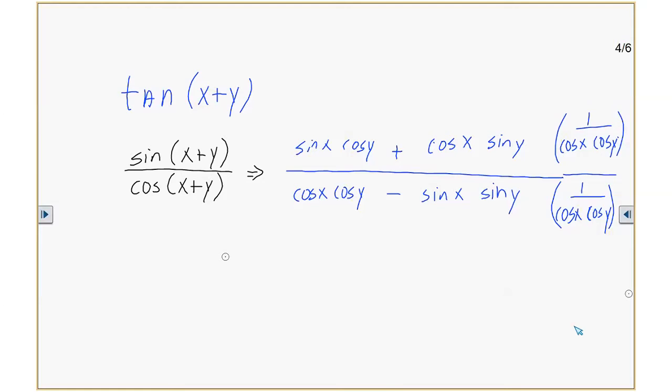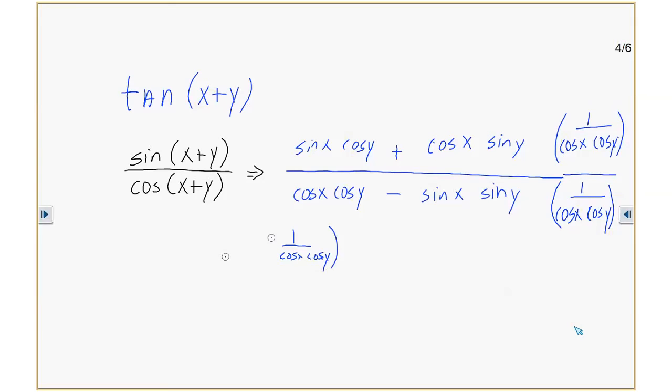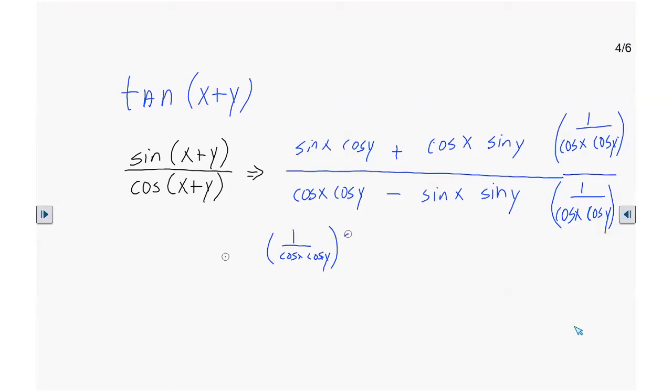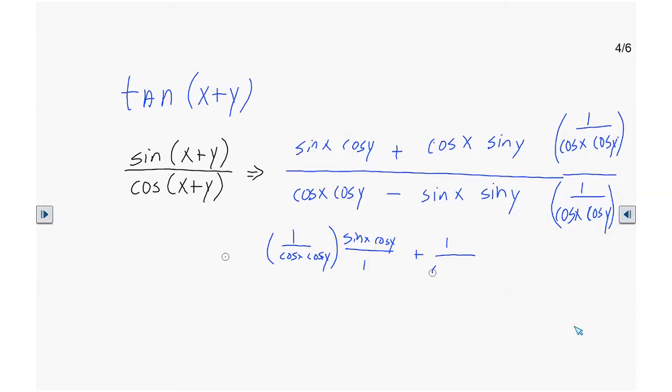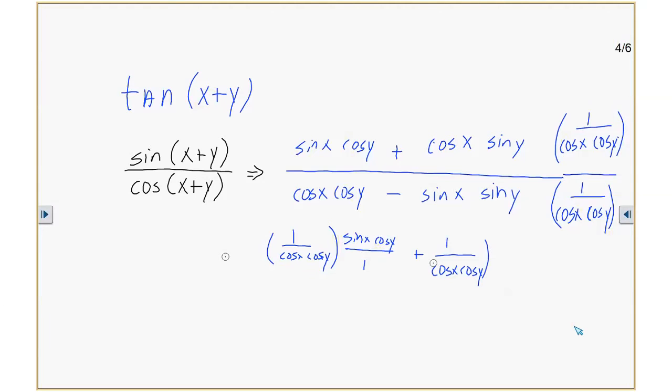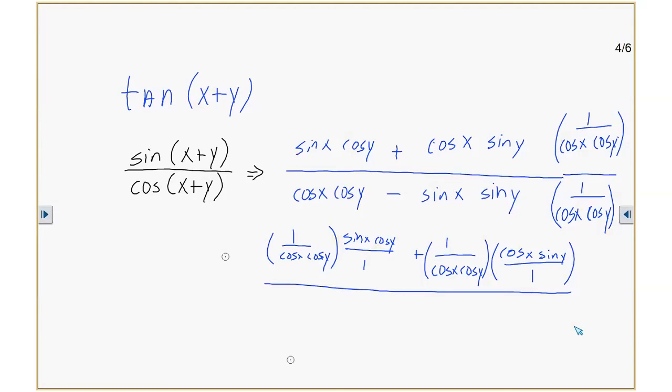So, I'm just going to put a baby step in here. So 1 over cosine x, cosine y, times sine x, cosine y, over 1, plus 1 over cosine of x, cosine of y, times cosine of x, sine of y, over 1.